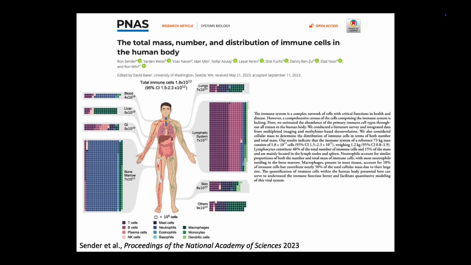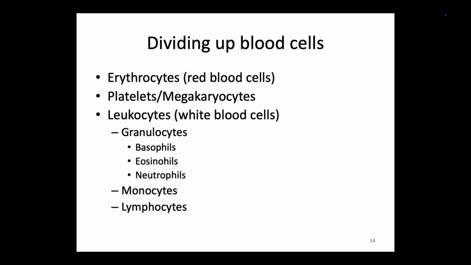I'm going to be telling you mostly about cells in the blood, but know that the blood might not be perfectly representative of the whole body. You can see it is a pretty small fraction based on what they're seeing here. But it's what everybody does, and so it's how everybody talks about these cells. So we're really going to be thinking about cells in the blood.